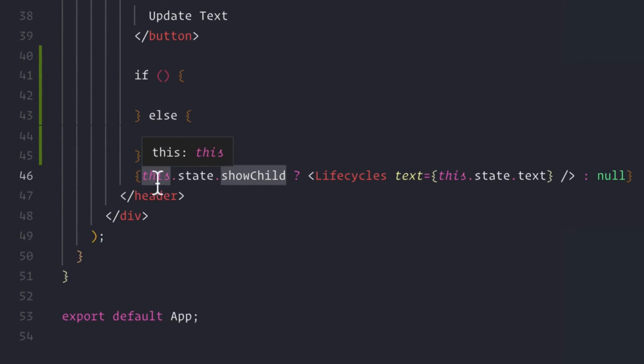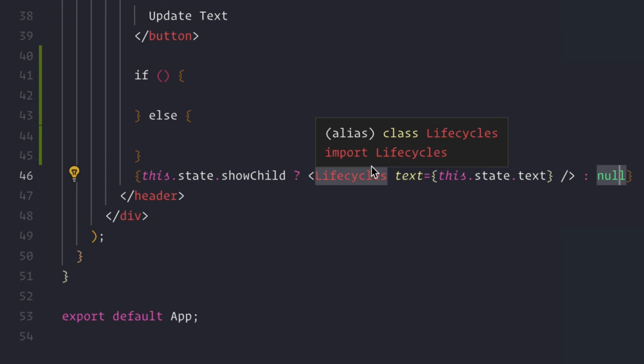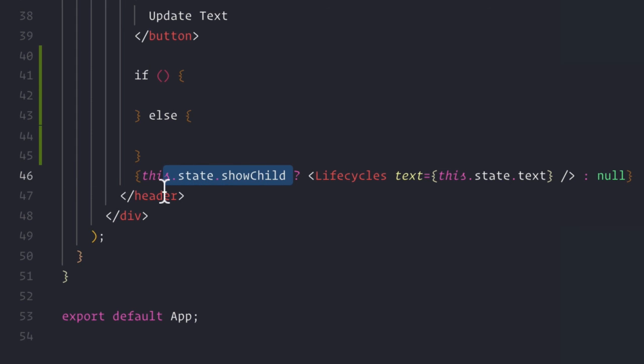So I'm saying if this.state.showChild is true, then I want to either render this or this. This first thing that we see after the question mark is what gets evaluated if showChild, so whatever's on this side, is true. So if showChild is true, render the LifeCycles component.